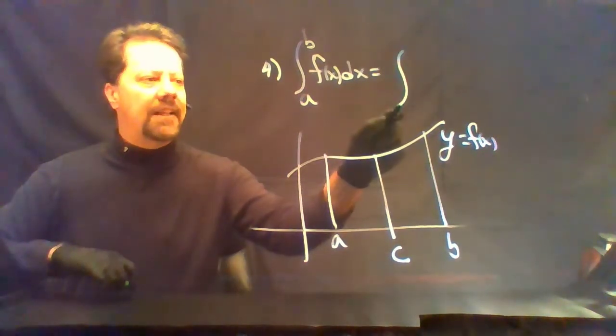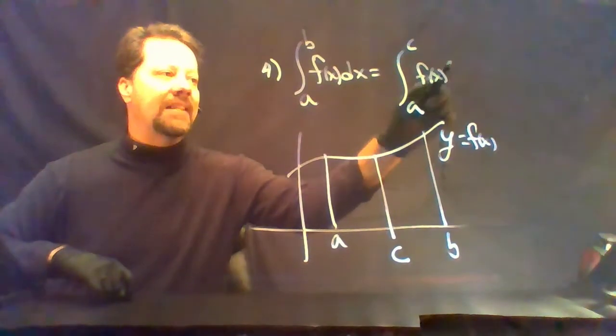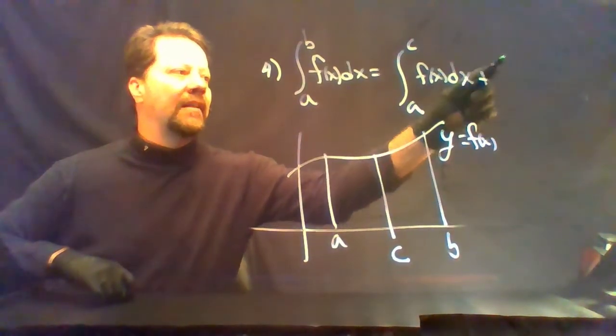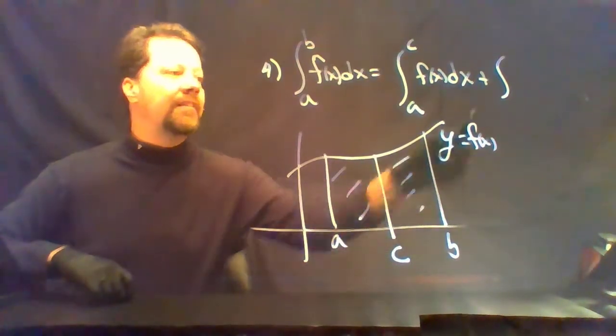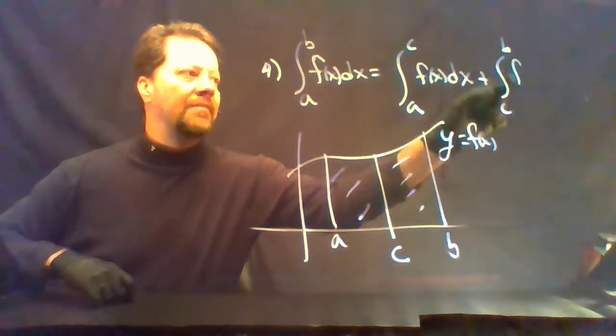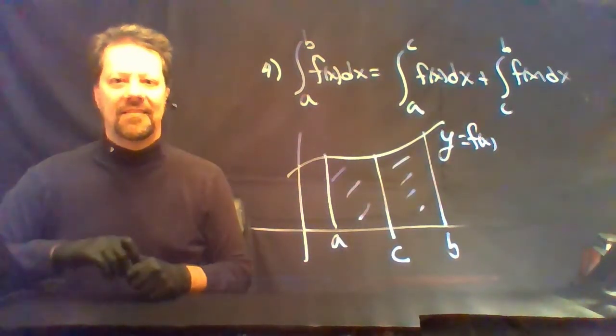It's the same thing as if you integrate from a to c and find that area of that piece of the graph, and then add the area from c to b. There are a few other properties we need to add to this theorem.